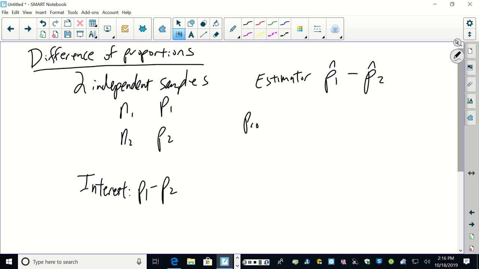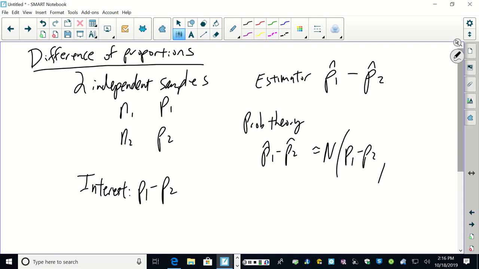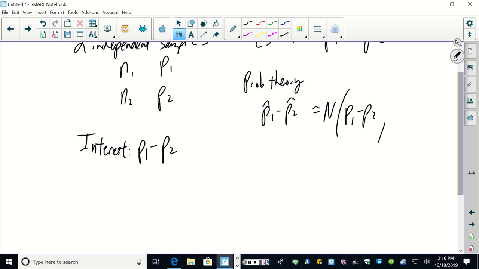Probability theory. As long as both samples are adequate size, the normal approximation works pretty well in both. Right? This is approximately normally distributed, centered at the parameter we want, and then the variances add. The standard deviation I'll write down here for more space.